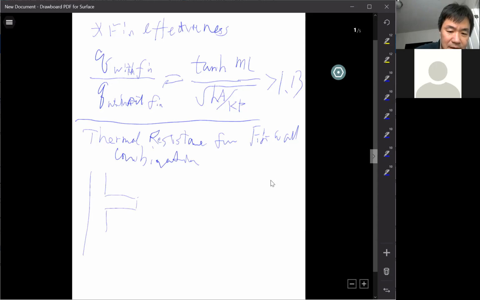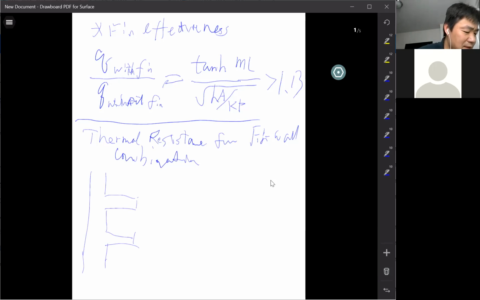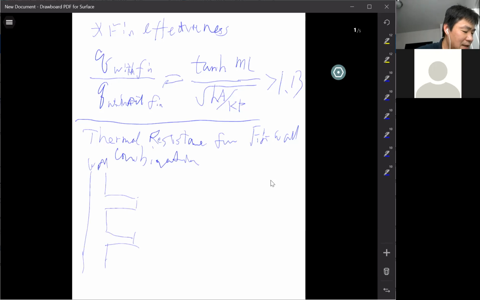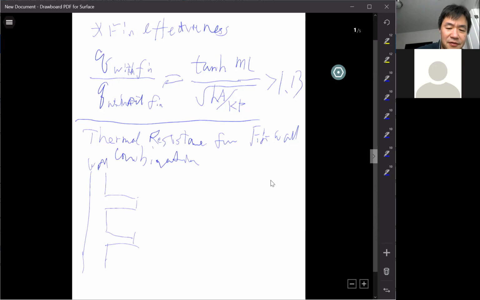Let's say this is a thin wall structure, like this. If you have the textbook, that's figure 2.13. So this is the wall, and this is the fin, obviously. You have several thermal resistances. Let's say the first one is RF.